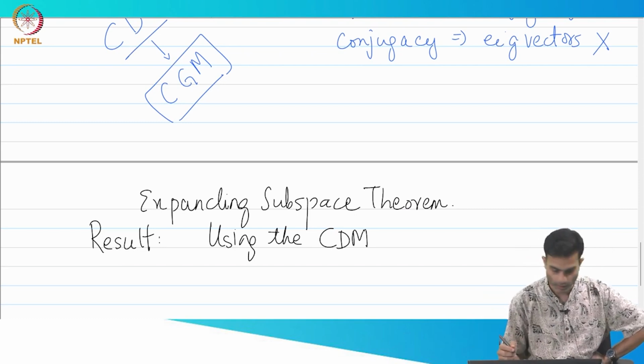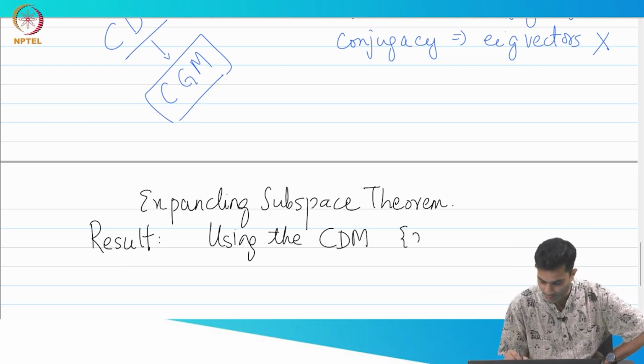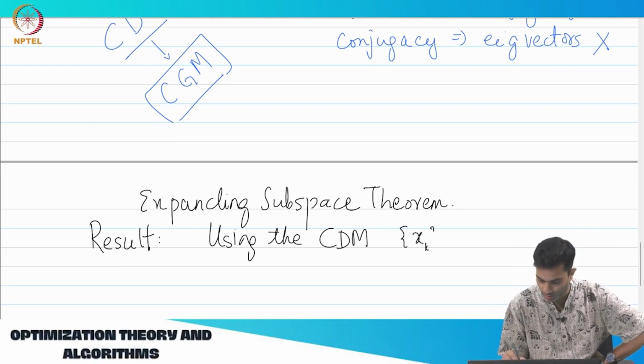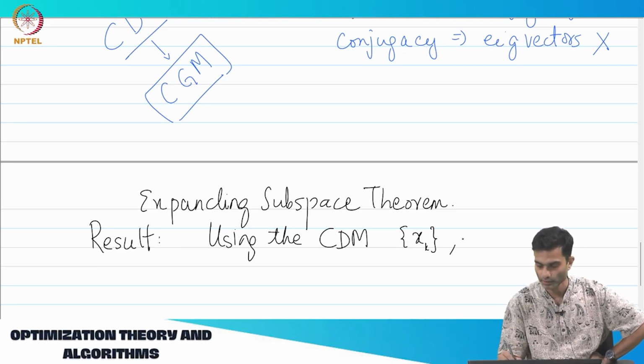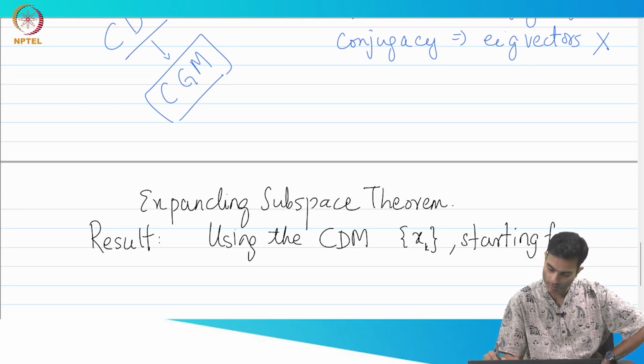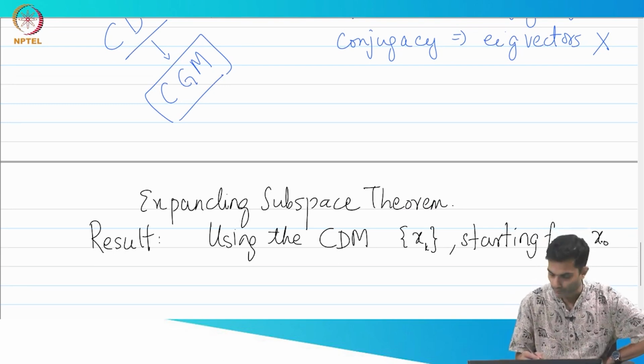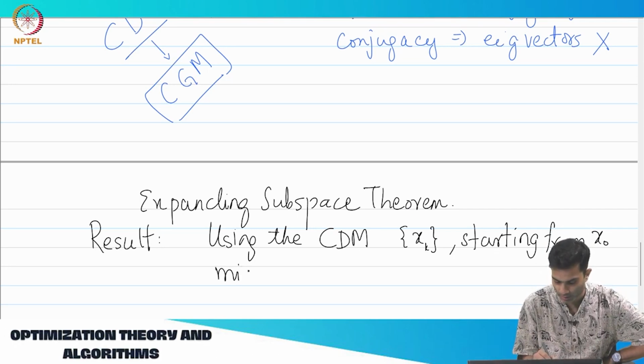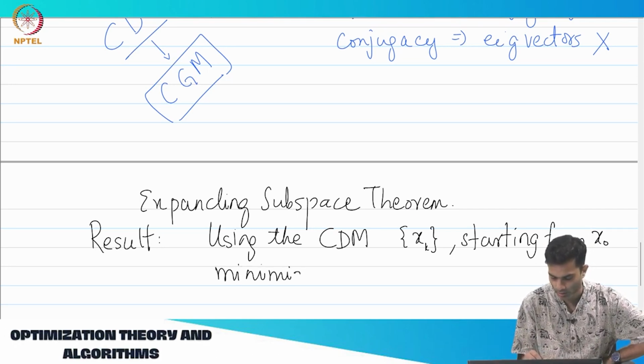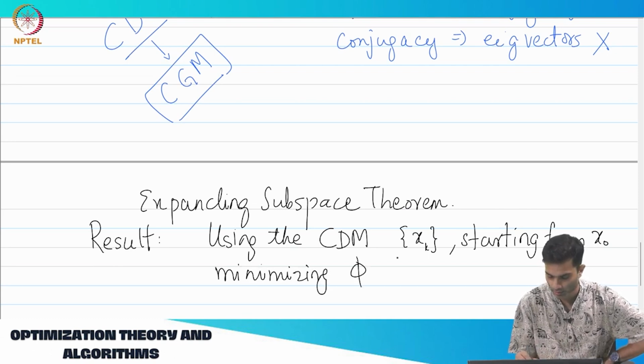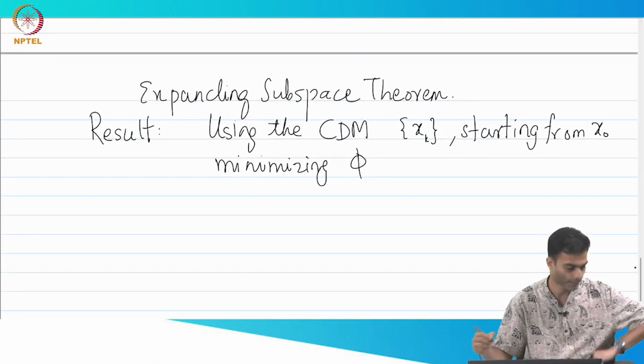So that gave me a sequence xk, starting from some arbitrary x0. We were minimizing phi, my objective function phi.